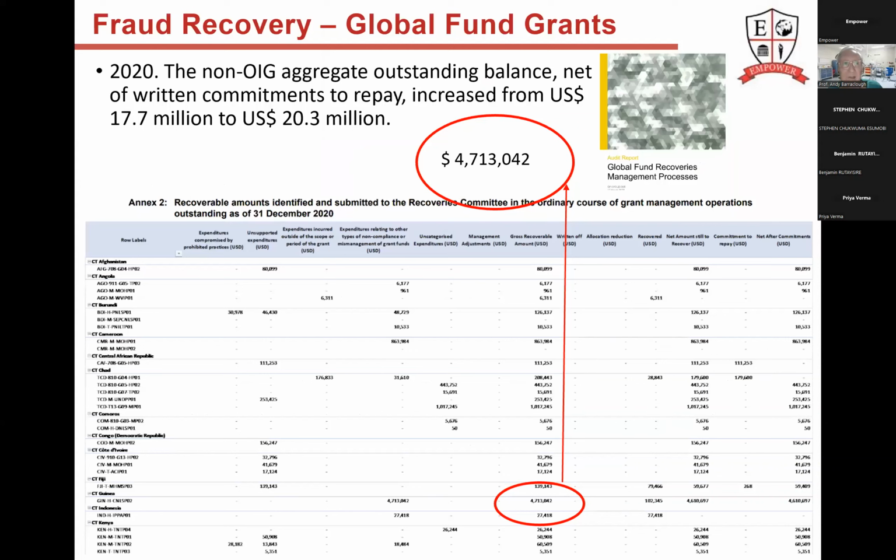So we look at fraud and corruption here. We look at different ones. $4 million, this is on a PSM plan. So the country had to pay $4 million because they didn't observe all the requirements of the PSM plan. That's the contractual document that we're talking about developing.